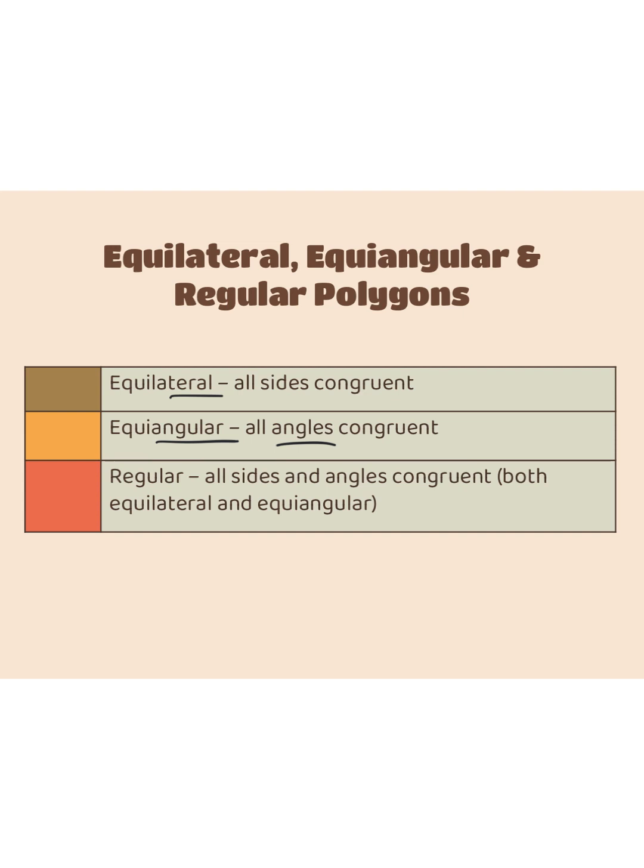And then we have a regular, which is all sides and angles are congruent, both equilateral and equiangular. So you guys might have an equilateral polygon, but you're not going to have an equiangular polygon. You may have an equiangular, but not equilateral. And if you have a regular, that means it's congruent no matter what. It's going to be equiangular and equilateral.